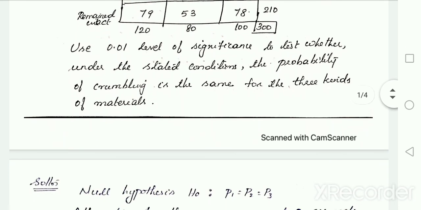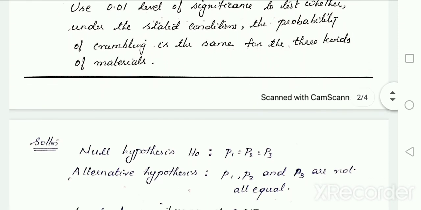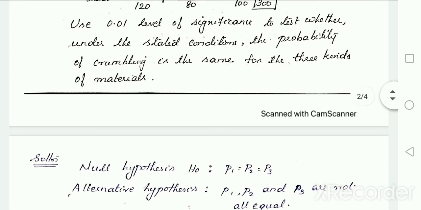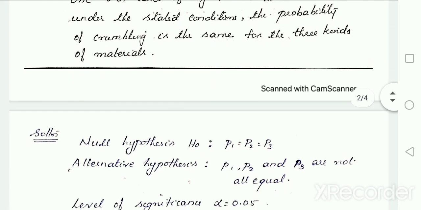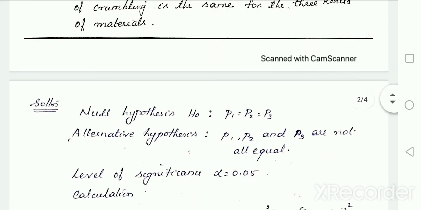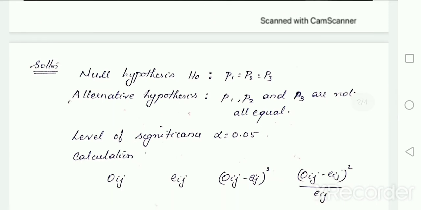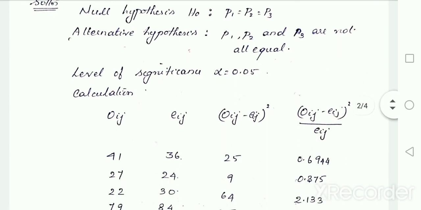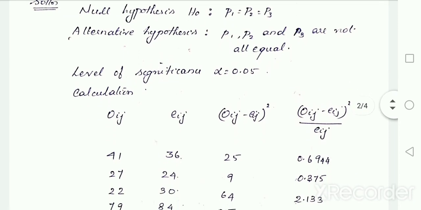So in the null hypothesis all the proportions are equal and there is no change in result. In the alternative hypothesis we take that P1, P2 and P3 are not all equal. Here alpha is given as 0.05, and we need to find the expected frequency table first.